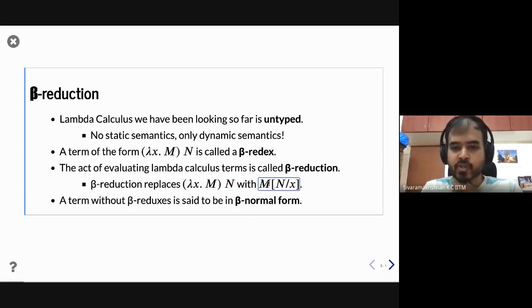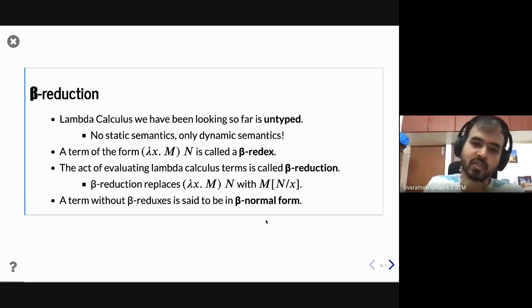So it should be the term m on the outside, and wherever you have x in the term, you replace that with n. And in fun x arrow 20, there are no x's, because fun x arrow 20 just ignores the argument. So n, which is 10 here, is just ignored. Okay.